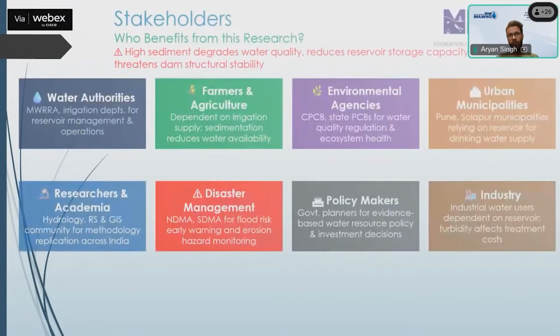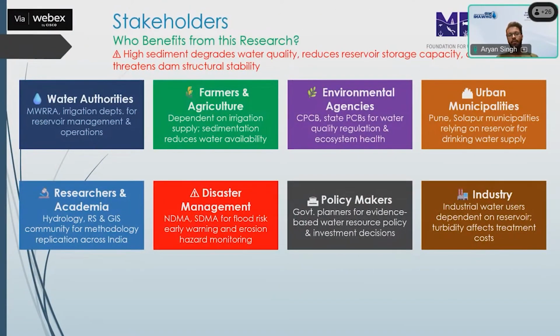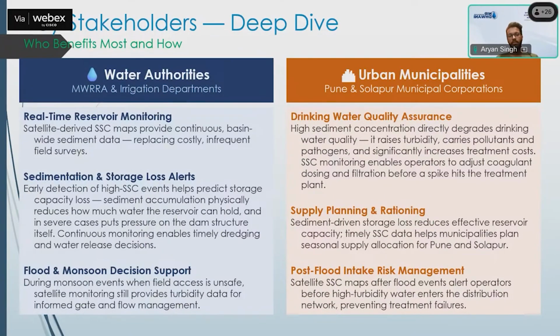Talking about the stakeholders, there are quite a few groups who would benefit from this research: water authorities, farmers, city municipalities, environmental agencies, etc. The two groups that benefit the most are water authorities and urban municipalities.